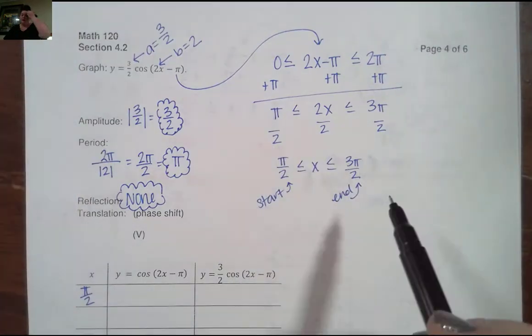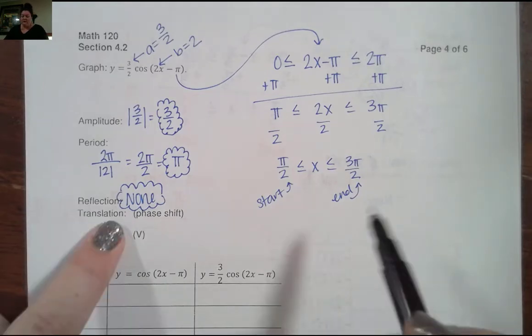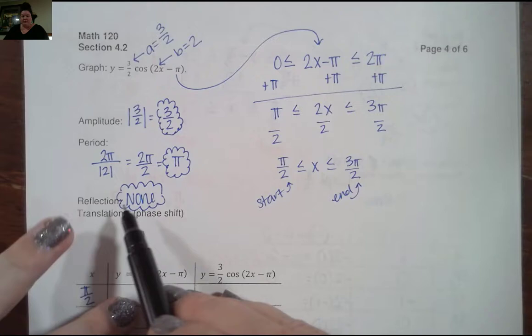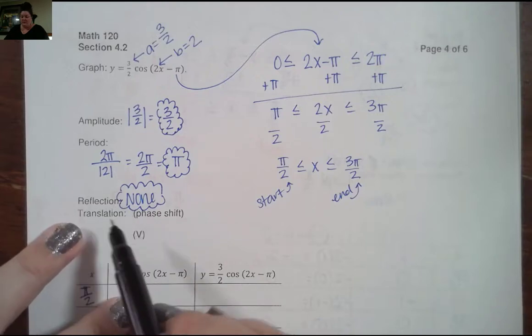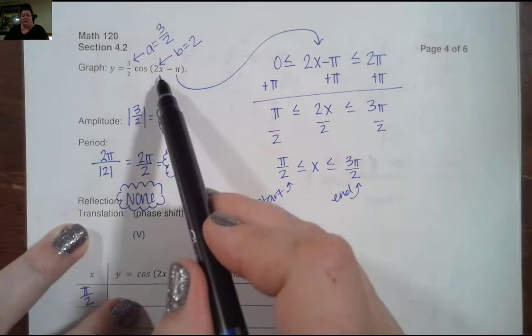But there is one thing that I do want to point out here, and that's our phase shift. If you start listing all these things like your amplitude and your period and your reflection and your translation, remember, your translation you cannot list unless you've factored out your b.